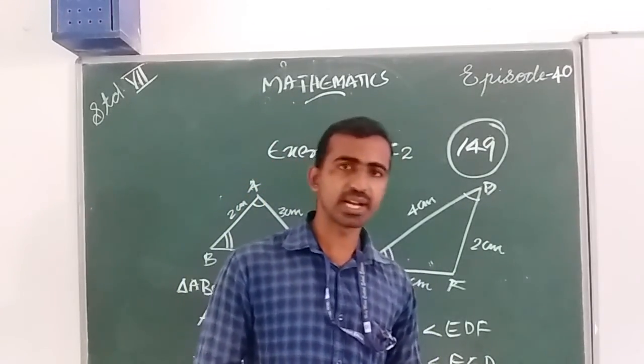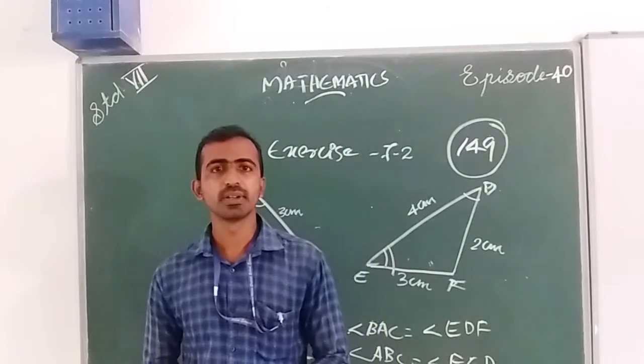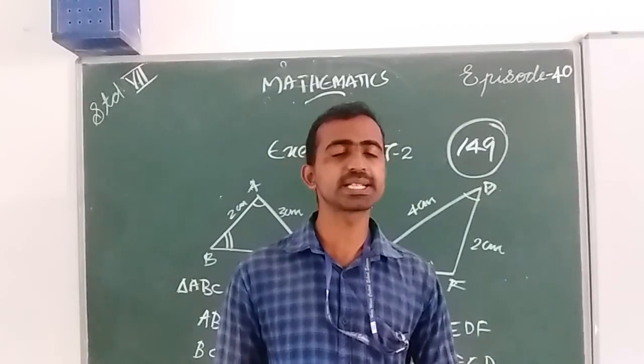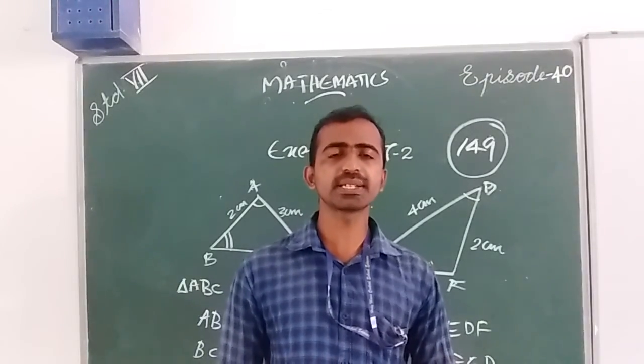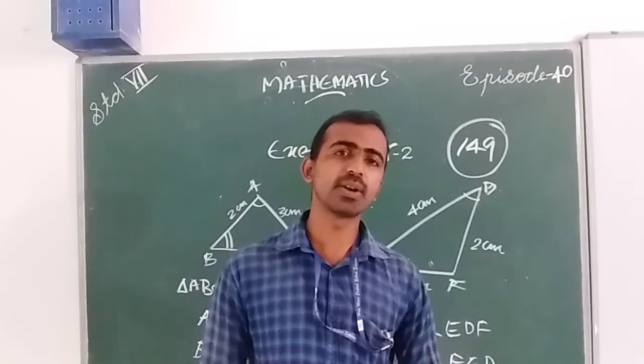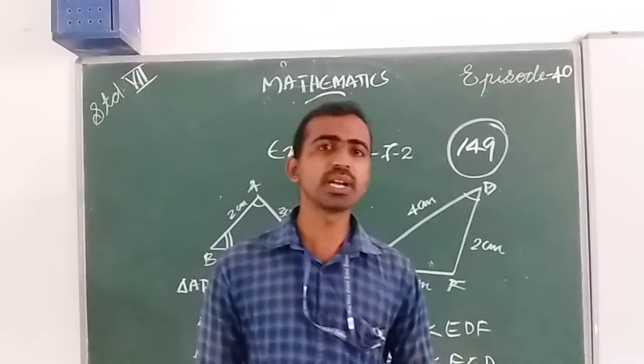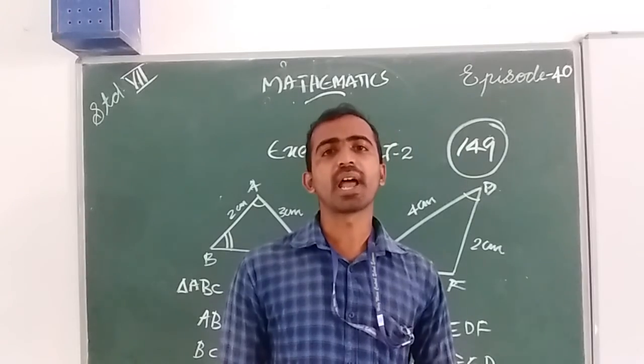I am repeating: one is SSS, second is SAS, third is ASA, and fourth is the right angle congruence rule.